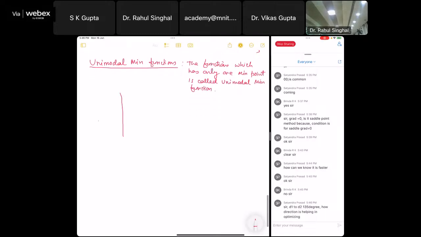If you have a function which has only one minimum point, called a unimodal minimum function, basically we start with some interval x1 and x2, and try to reduce the width of the interval by direct schemes like the Fibonacci and Golden search methods. These are line search techniques.